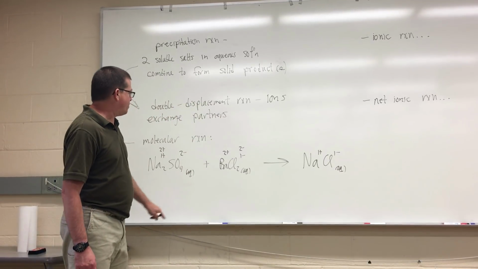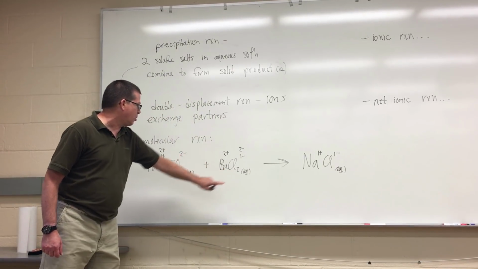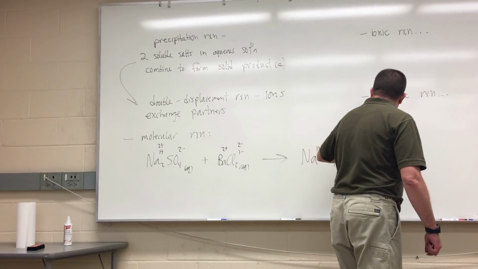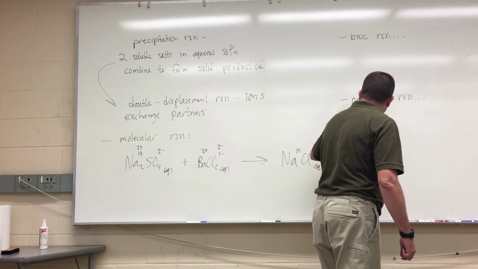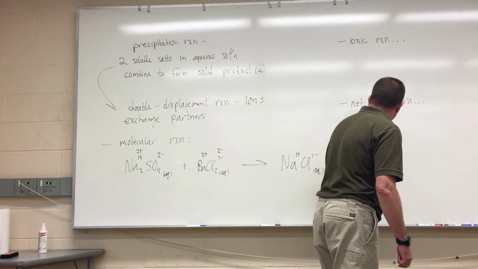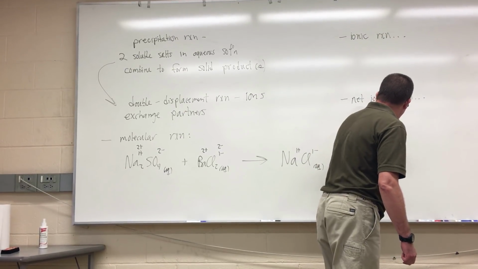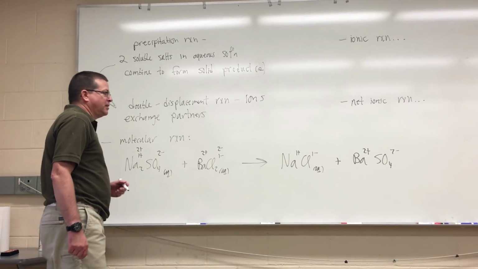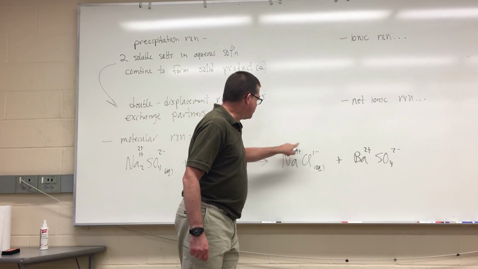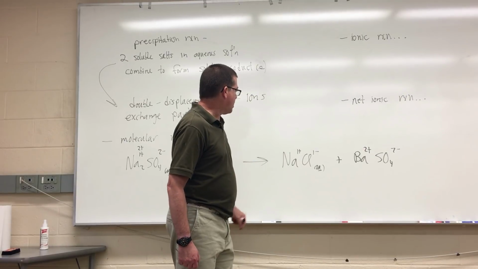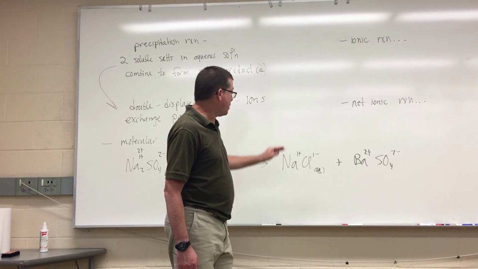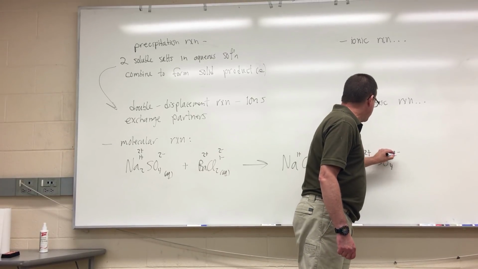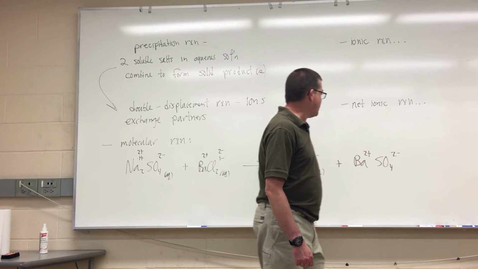Then the barium ion is going to lose the chloride and pick up the sulfate, so I end up with barium 2+ combined with sulfate 2-. We can check our formulas to make sure they are properly charge balanced. 1+ on the sodium, 1- on the chloride, so we have a good formula there. Same with barium ion and sulfate ion: a 2+ on the barium, a 2- on the sulfate.